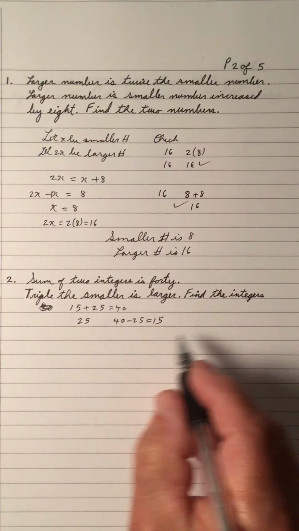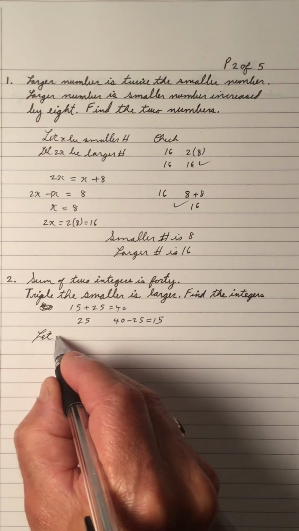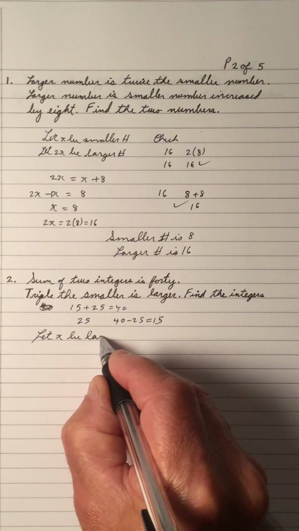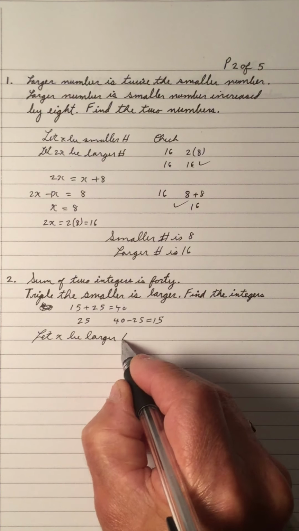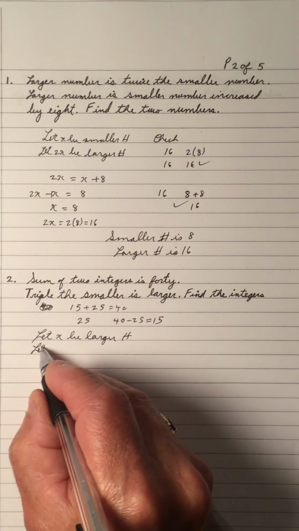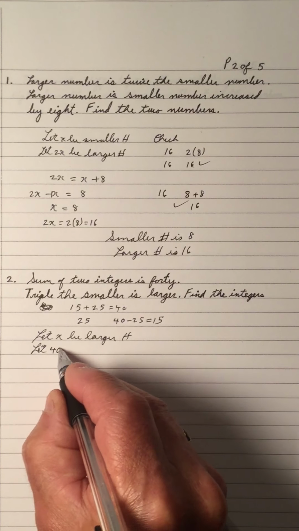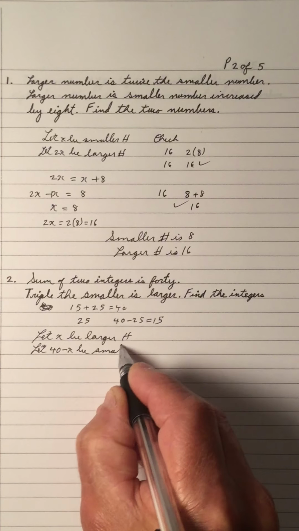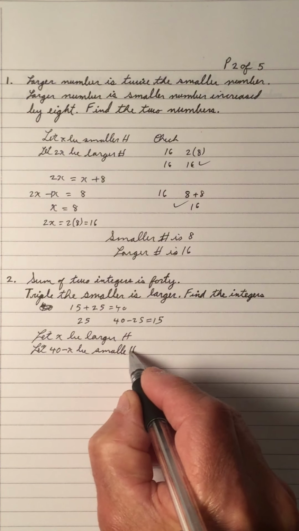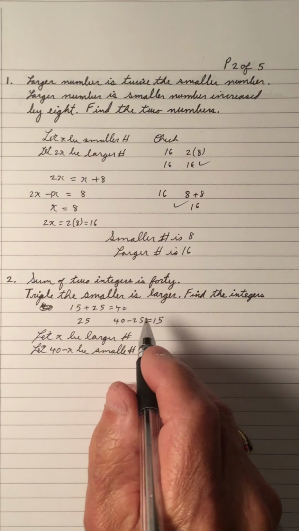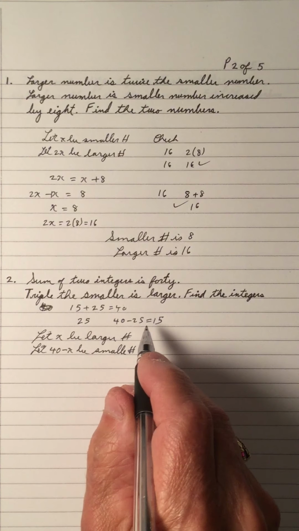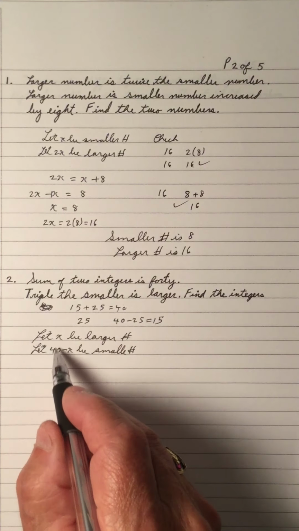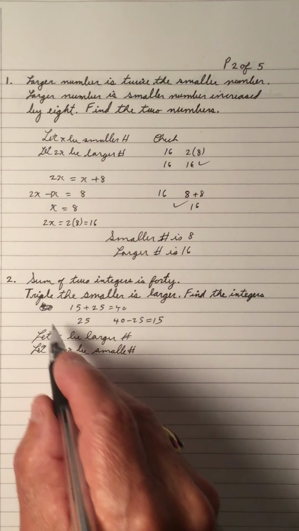So that leads us to the two expressions. We let x be, let's say, the larger number. Then 40 minus x will be the smaller number. Notice we're just subtracting: take one number and subtract it from 40 to get the other. The first sentence gives us the relationship between the two numbers.